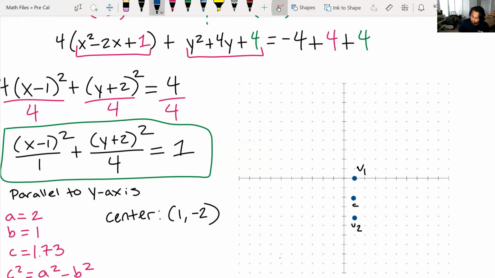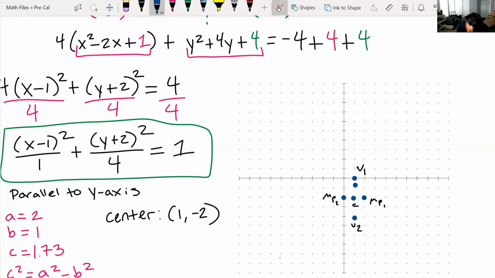And then B represents the minor points. So this means we go right 1, left 1 for our minor points. Minor point 1, minor point 2. And then for the focus, from the center, we go up 1.73. So you're basically almost touching the vertex.